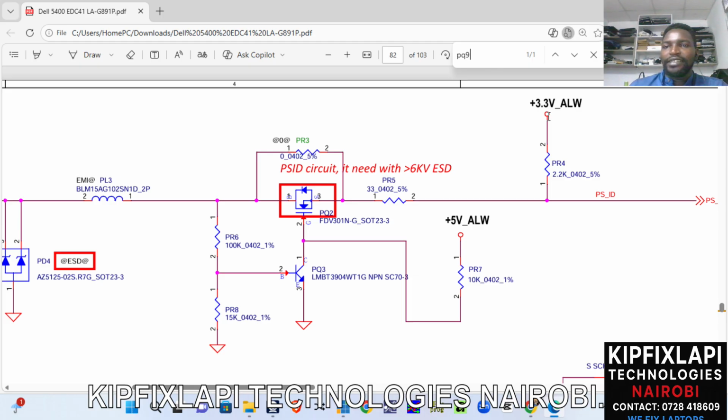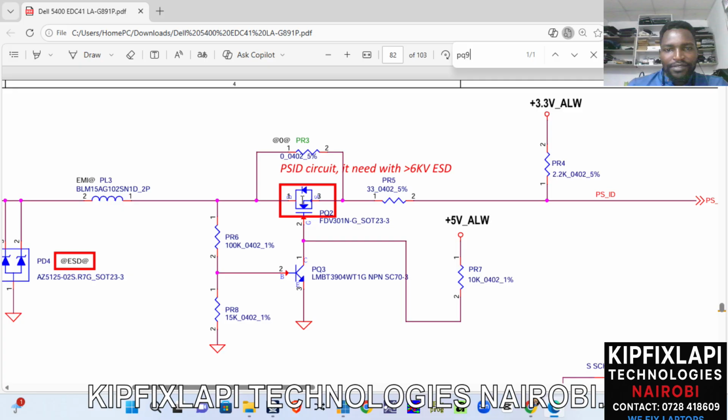And remember, we said the battery is communicating with the SIO through that line. Remember? Yes. So you can see this resistor has 2.2 kilo ohms, which is 2200 ohms. 2.2 kilo ohms, same size, but different error of 5%. And you see that? Yes.